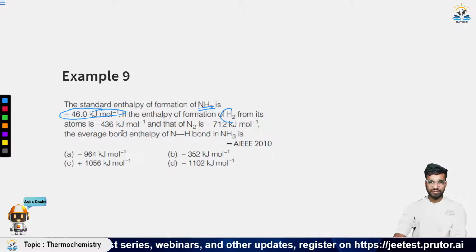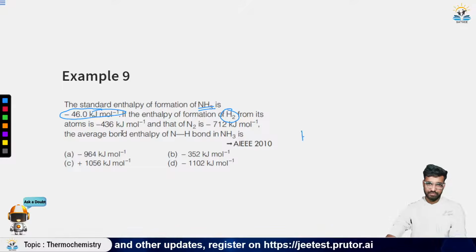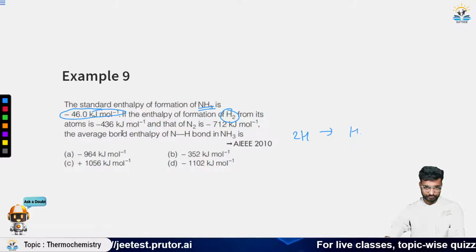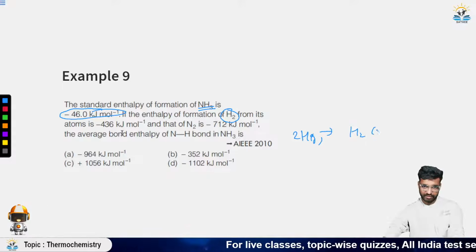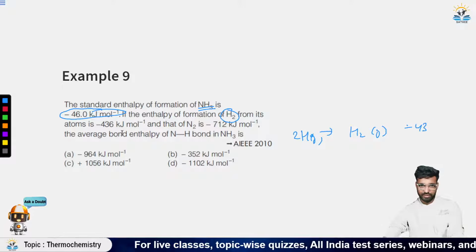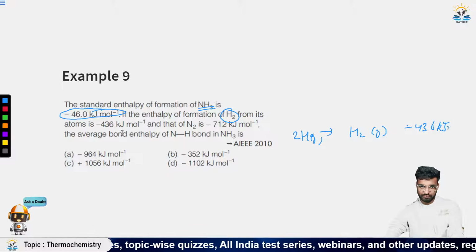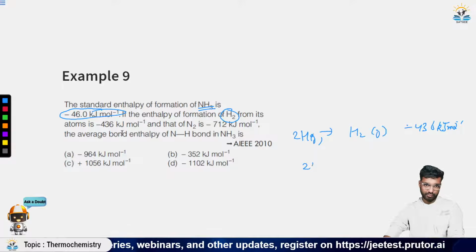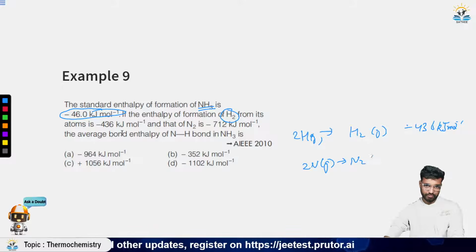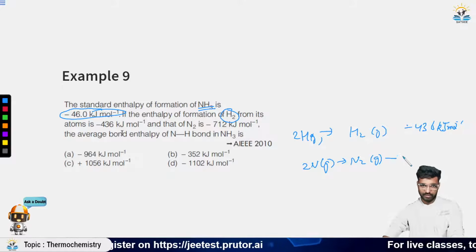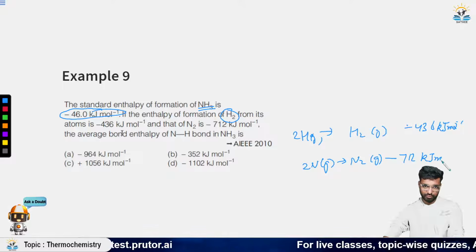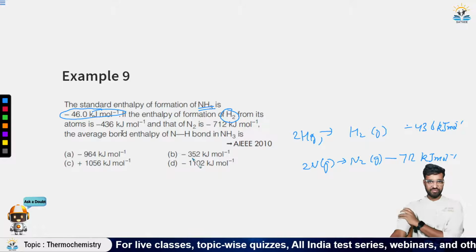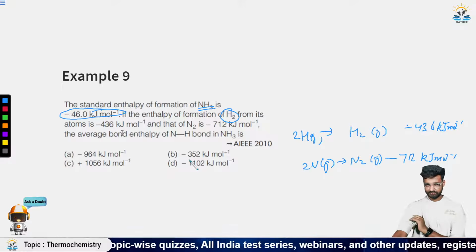If the enthalpy of formation of H2 from its atoms is this much, so we are taking 2H gaseous forming H2, it is minus 436 kilojoule, and that of N2, that is 2N gaseous, is minus 712 kilojoule per mole. Then we have to find the average bond enthalpy of NH.